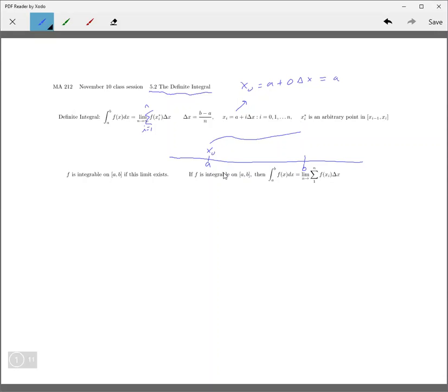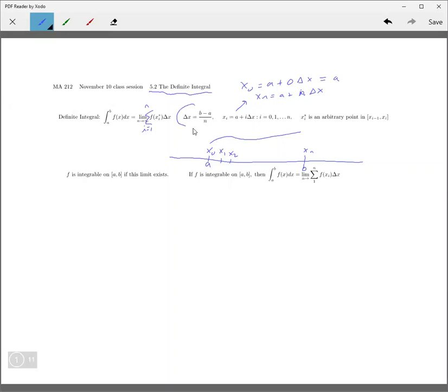So x0 is going to be right here, and then x1 will be right here, x2 will be there, and xn will be a plus n times delta x.